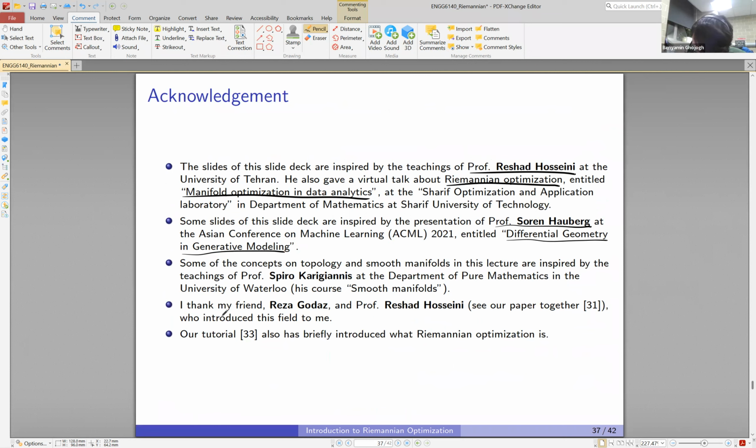Some of the concepts on topology and smooth manifolds. In this lecture, the ones which I talked about, topology, smooth manifolds, and these things in differential geometry and algebraic topology, are inspired by the teachings of Professor Spiro Karigiannis at the Department of Pure Mathematics at the University of Waterloo. His course, Smooth Manifolds.